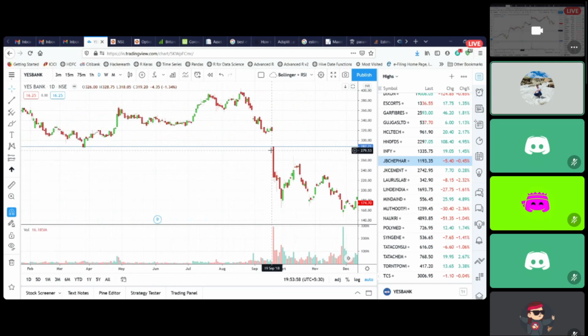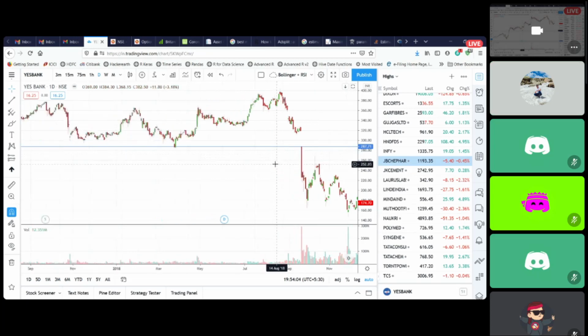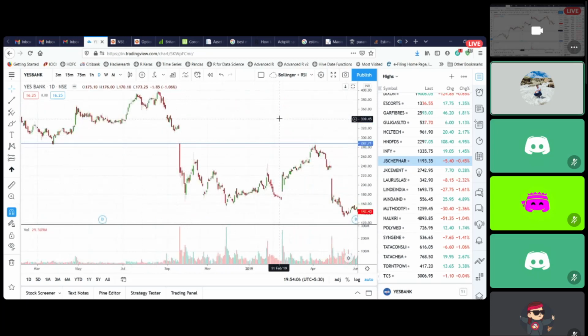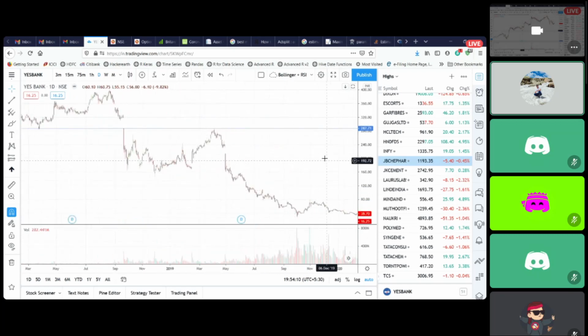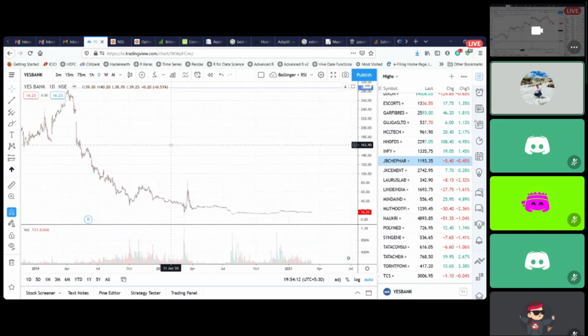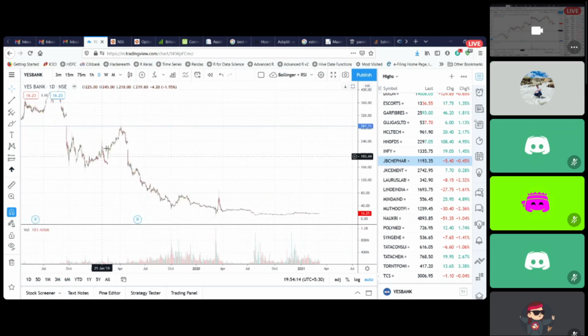And the moment it broke below with such a huge gap down, this is where the setup itself was broken. And after this, one should have never looked at Yes Bank. And this is done. The setup is completely broken. So it saves you the whole pain if you were trapped holding positions here.